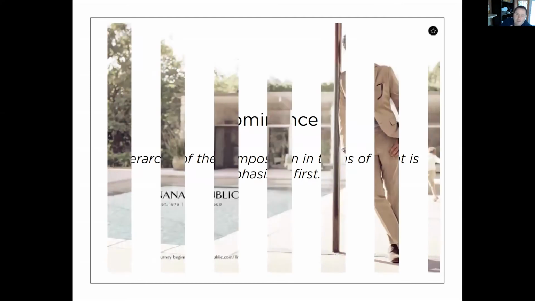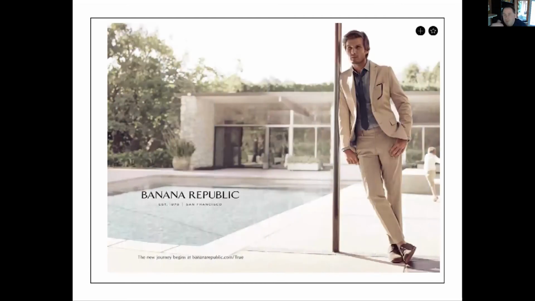All right. So here, the first thing that somebody sees is the guy leaning against the pole. That's what draws our attention. But what's really nice about this ad is that your eyes are being brought down the pole, and then along the edge of the pool, which brings you to the tagline.